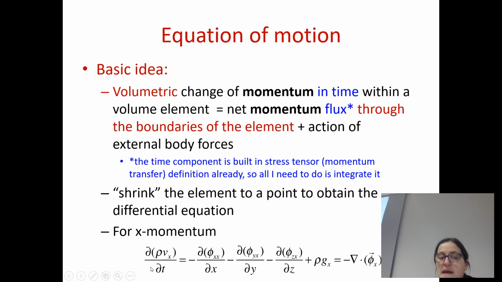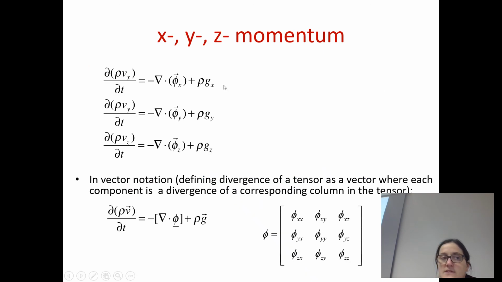So basically my x momentum balance is d/dt of rho vx equal to the negative divergence of my phi x plus rho gx. And you would do the same for y and z. Okay. So technically I have these three equations.